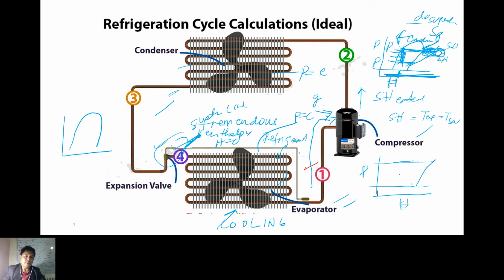Yeah. No? And then here is at constant pressure, then it goes down at constant enthalpy. So enthalpy is constant. Here is the compressor. Entropy is constant. Here is the evaporator. Evaporator, what is this? Pressure is constant.